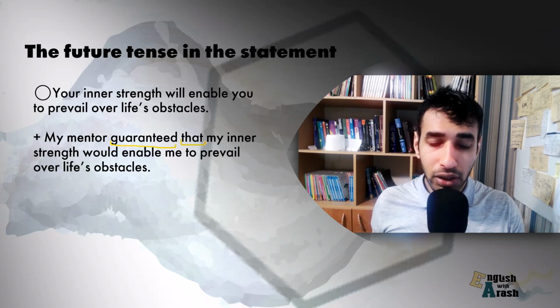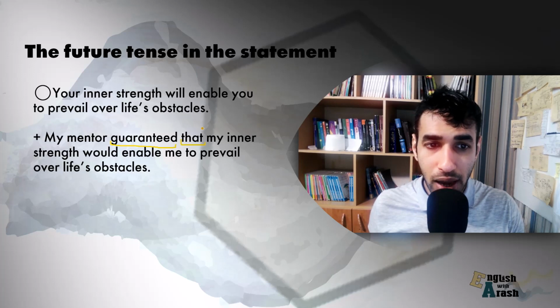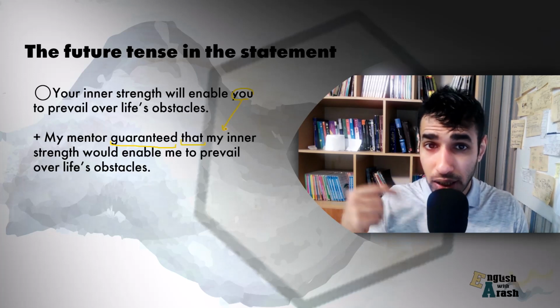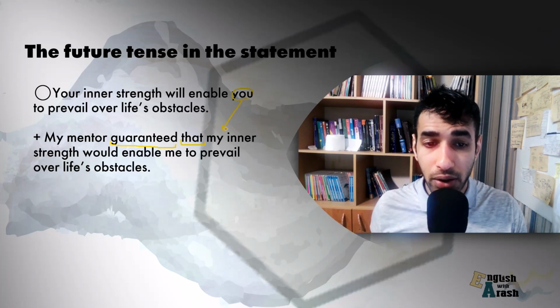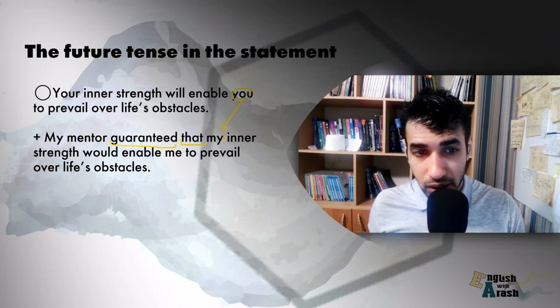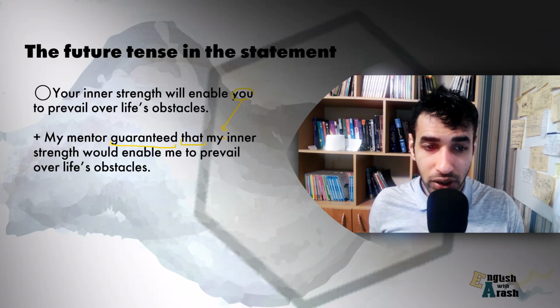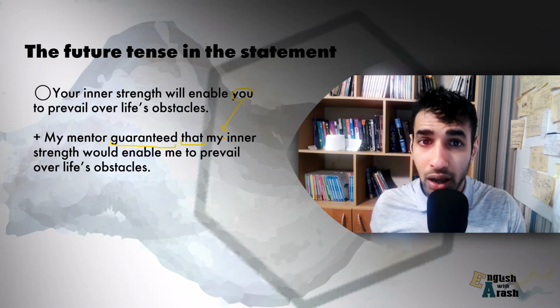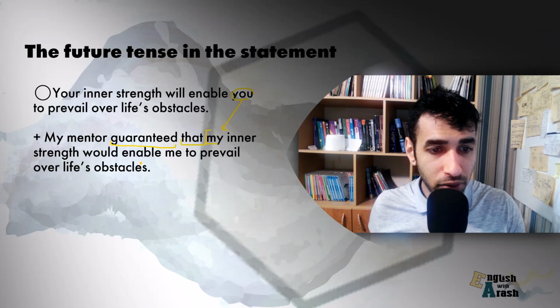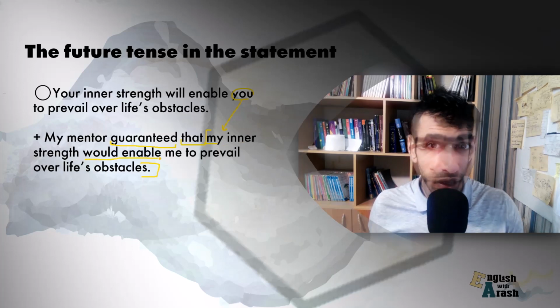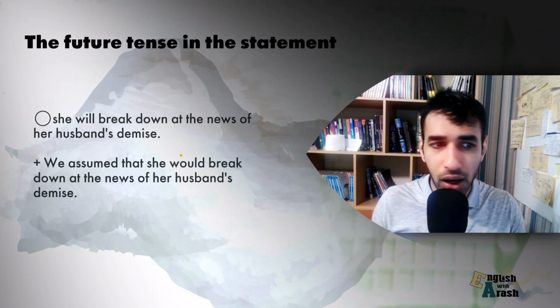Now pay attention to the change of pronoun, you to my, because I am the speaker now. My mentor told me, so I should change the pronoun in this way. My mentor guaranteed that my inner strength would enable me to prevail over life obstacles. This is my noun clause. My inner strength is the subject, and would enable is my verb. One step in the past.